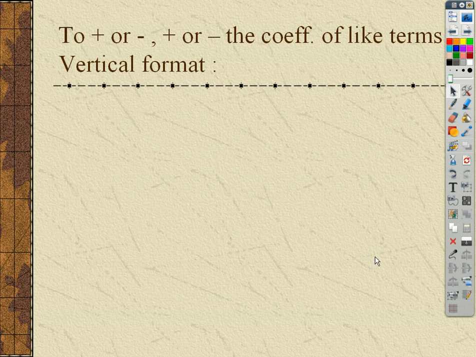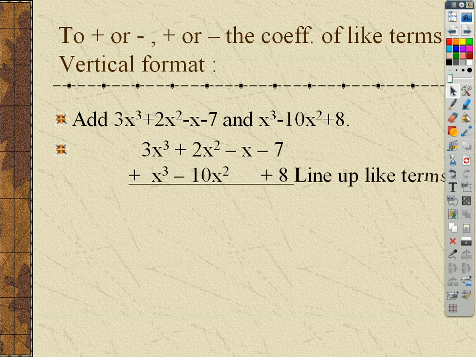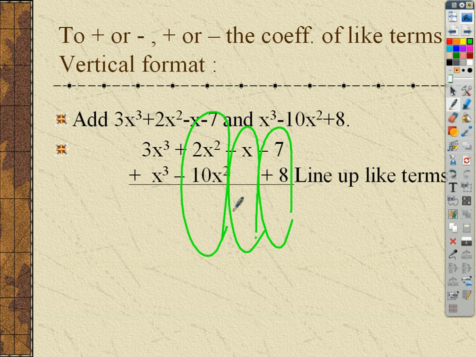Okay, adding and subtracting polynomials. Adding and subtracting polynomials is extremely simple. All you're doing is combining like terms. That's it. So if you're going to add polynomials vertically, the only real rule is that you have to have a column for each power of x. So we've got a column for the constant, a column for x to the 1, a column for x squared, a column for x cubed.